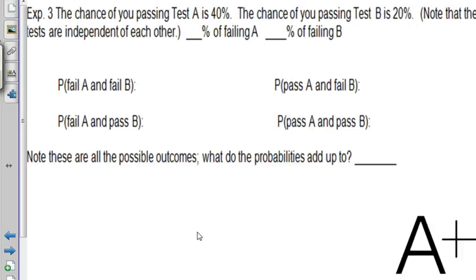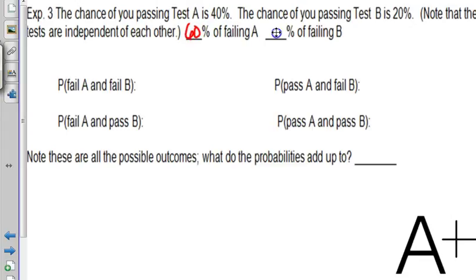This is confusing. It says the chance of you passing test A is 40%. The chance you pass test B is 20%. Note that they are independent of each other. So what's the probability that you fail test A? Everybody good with that?